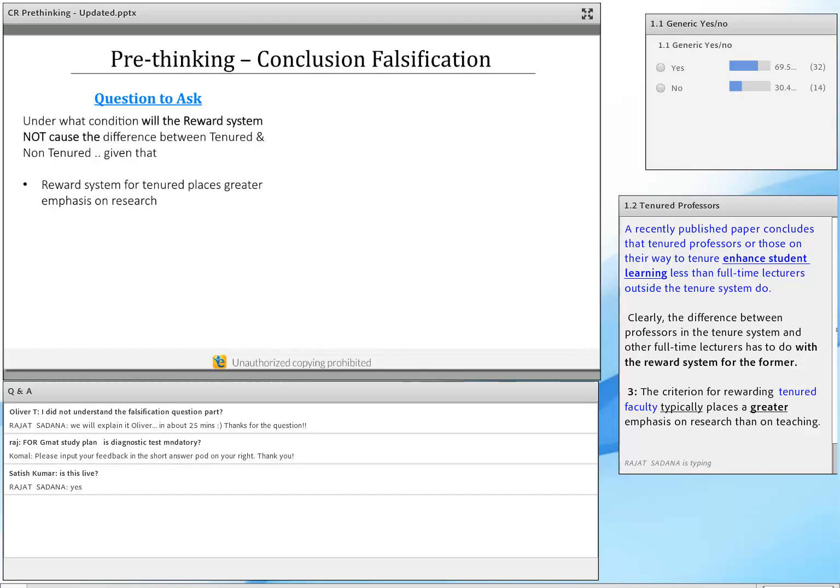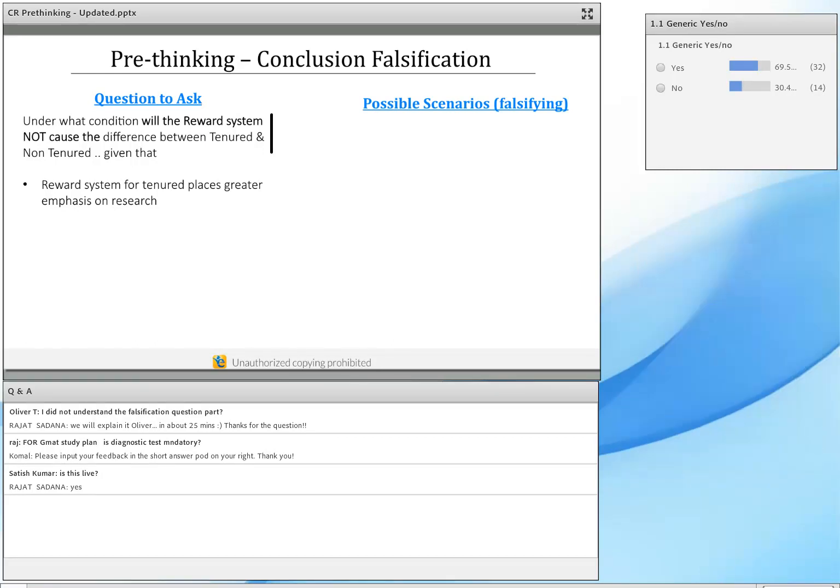Here is the argument. Statement 1, statement 2, statement 3 have been separated out over here. So what we have to question is, under what condition can we not blame the reward system, given that for tenured professors, the reward system places greater emphasis on research? Okay, what are some of the possible scenarios in which we cannot blame the reward system?